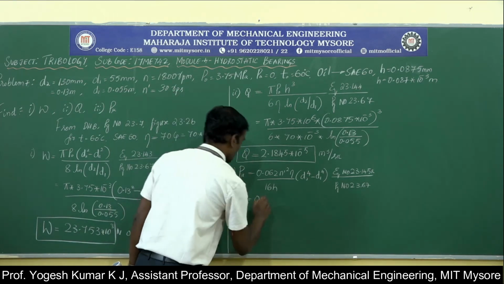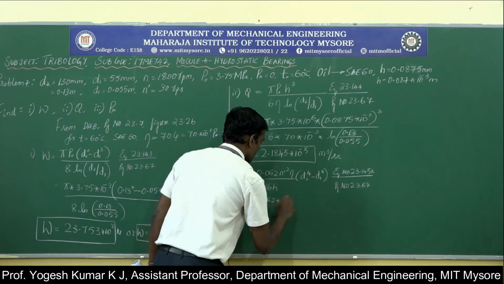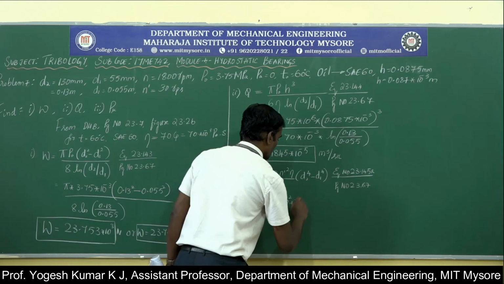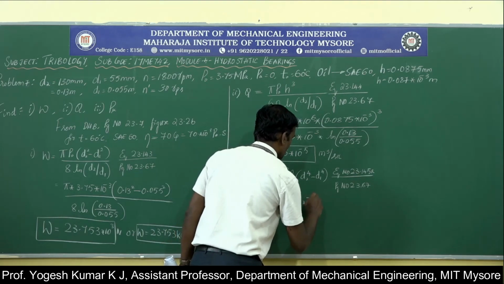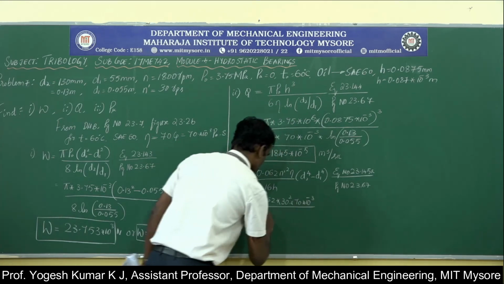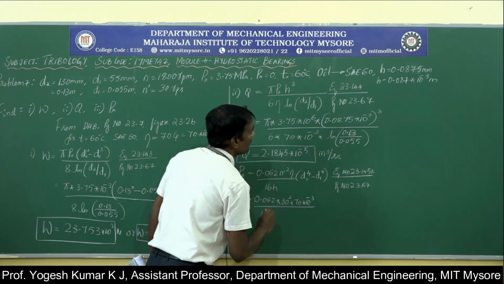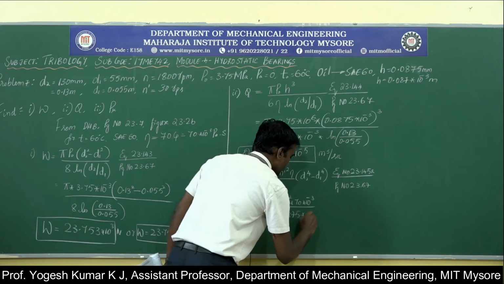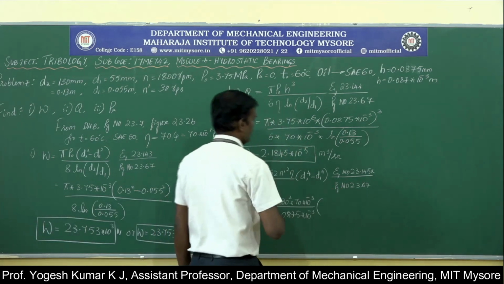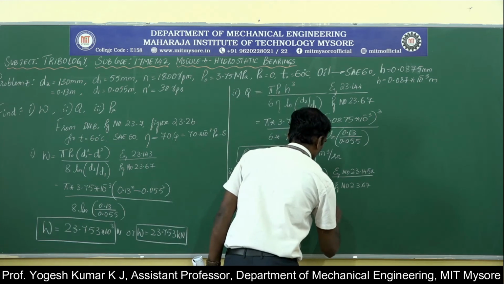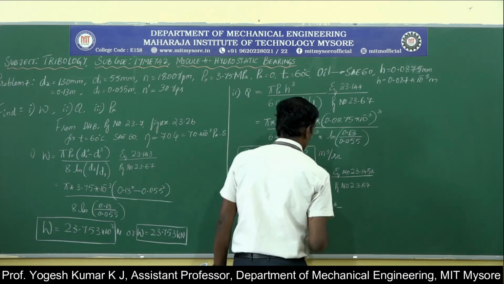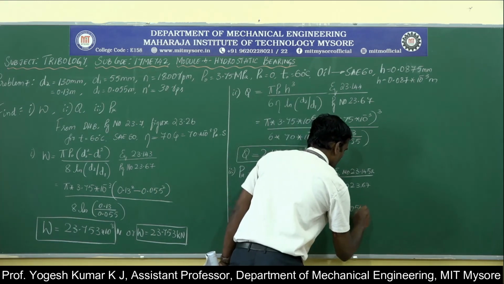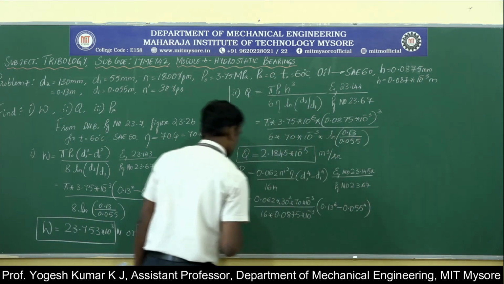Let us calculate. 0.062 into 30 RPS, that will be 30 square, 70 into 10 power minus 3, divided by 16 into the value of h, which is 0.0875 into 10 power minus 3, diameter is 0.13 to the power of 4 minus d1, 0.055 to the power of 4.